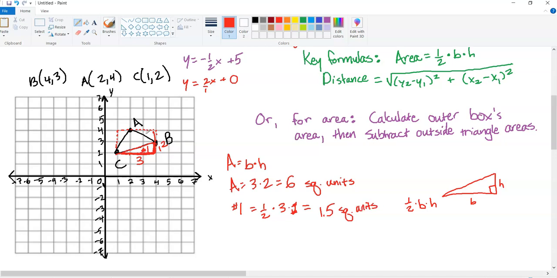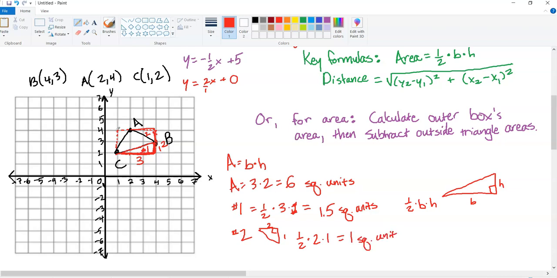Alright, so I'm going to repeat that. Here's triangle 2, and this one is over 2 and down 1. Triangle 2 was this one, 2 and 1, and that's still the perpendicular, so 1/2 times 2 times 1 is just 1 square unit.